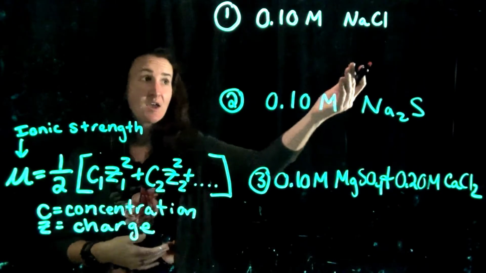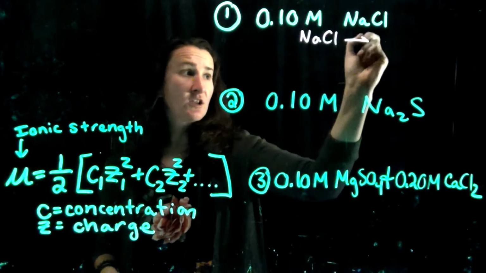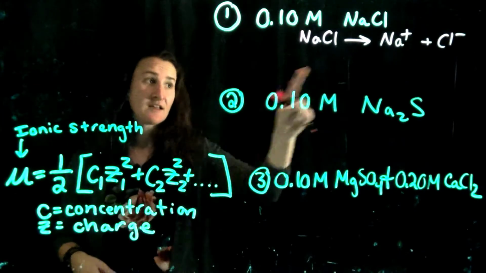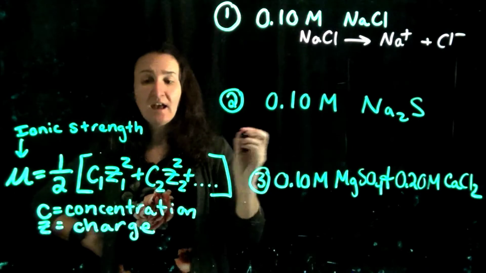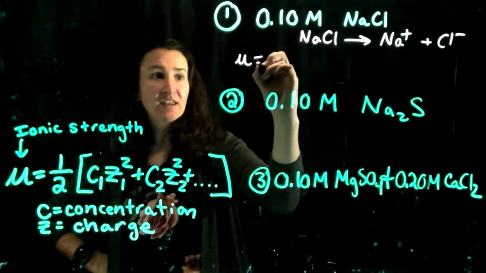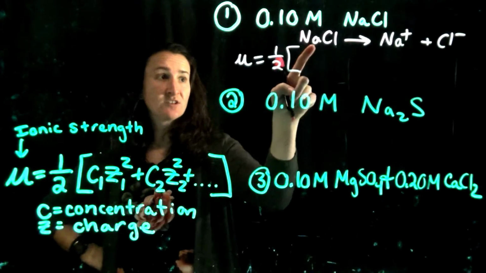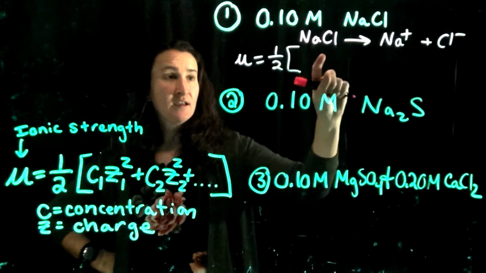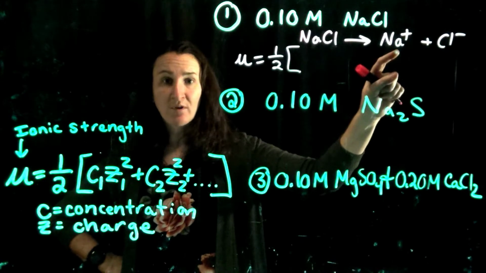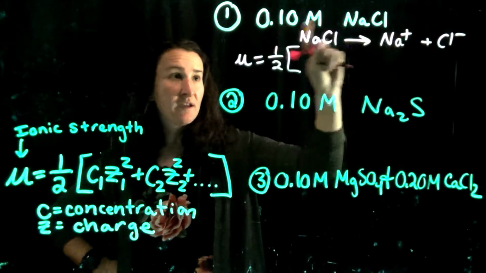Let's practice. If we throw sodium chloride into our solution, we'll end up with sodium chloride going to sodium and chloride. And that tells us the charge of each of our species. Now we bring it over into this equation, where our ionic strength equals 1/2 times the concentration of our sodium. If you start out with 0.1 molar of sodium chloride, it's 1:1, so you're going to have 0.1 molar of sodium and 0.1 molar of chloride.